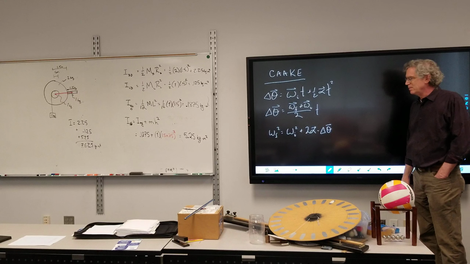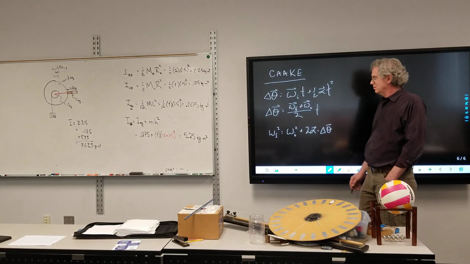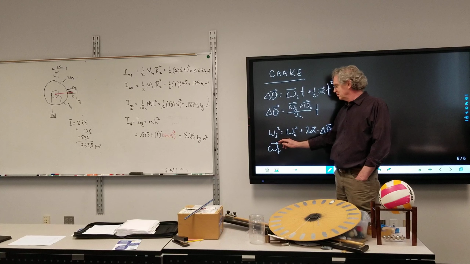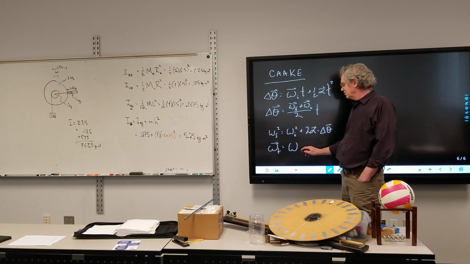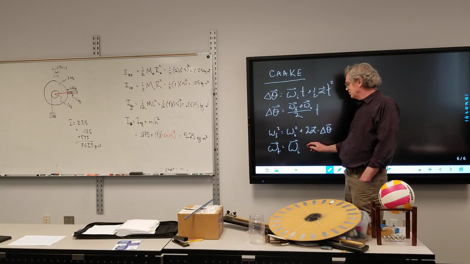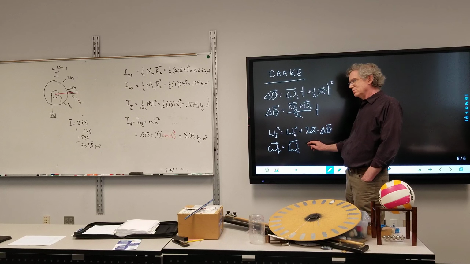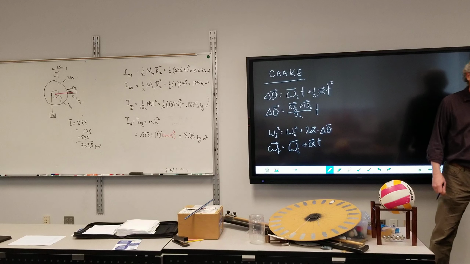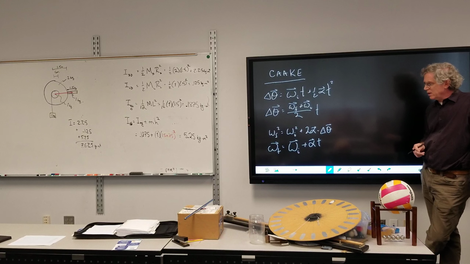Okay. And the last one. Final omega equals initial omega plus alpha times t. All right, there we go. So we have the constant angular acceleration kinematic equations right there.